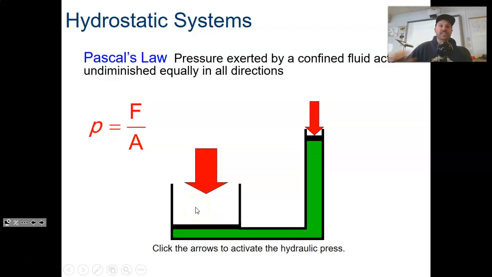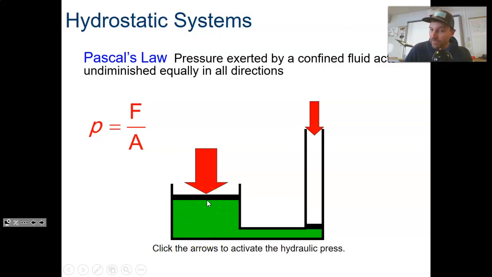If you push on this one, you get a mechanical advantage less than 1, so if you push on this side, you're going to get a lot of distance out. If you push on that side, then you get a little bit of distance out. Using it the other way, we get a mechanical advantage bigger than 1.